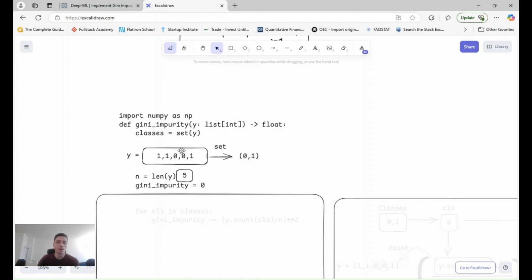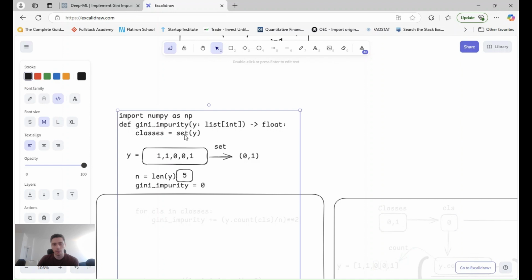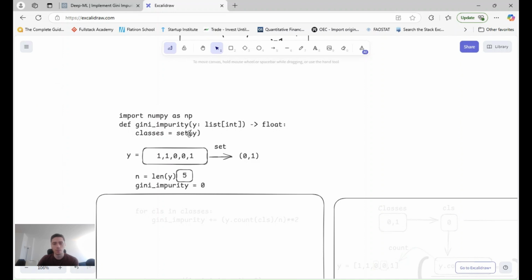Our first task is finding out how many unique classes are in that list. One easy way is to turn y into a set, which takes out every unique element within the list. It'll take out the 0 and the 1, and classes will now equal 0 and 1.